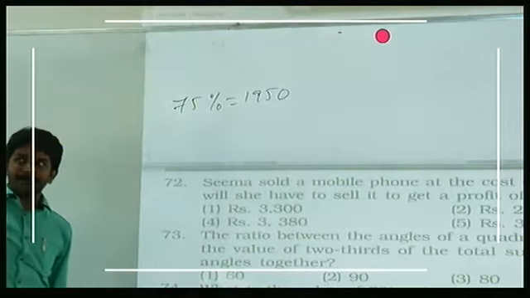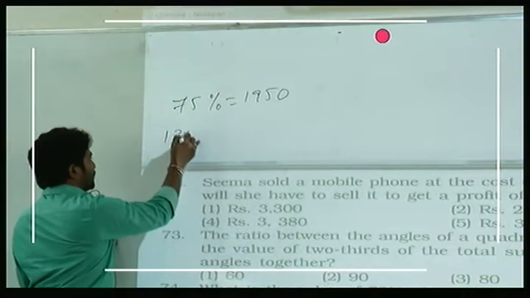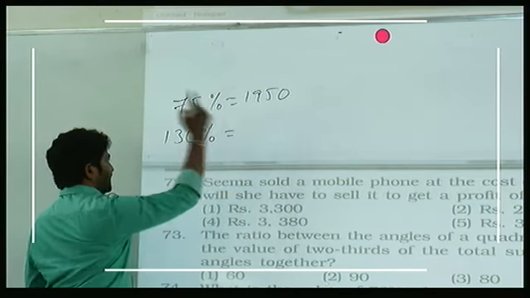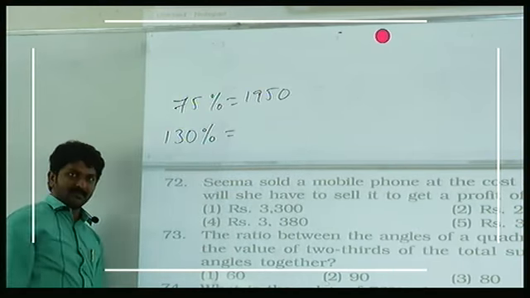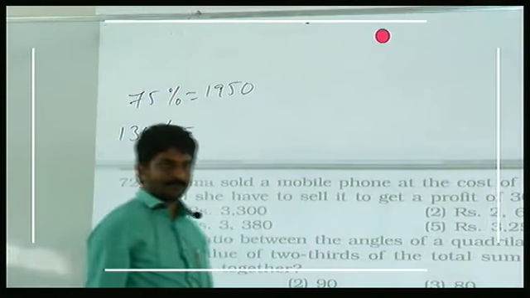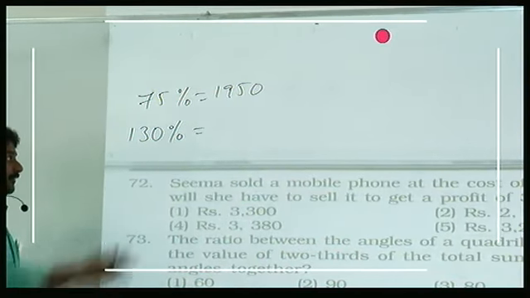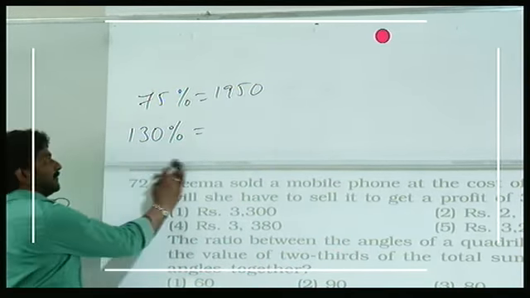Now she is expecting a profit of 30%, so selling price should be equal to 130%, which is how much? This is what you need to calculate. The answer should be a multiple of 13. If you are good at identifying multiples of 13, you are done. But remember, this is also a multiple of 13, but this is cost price, the 100% value. Anyway, finally you need to calculate 130%.